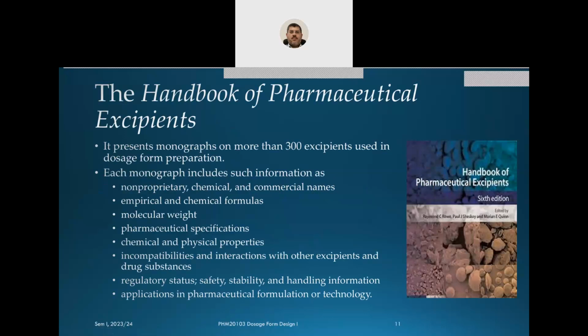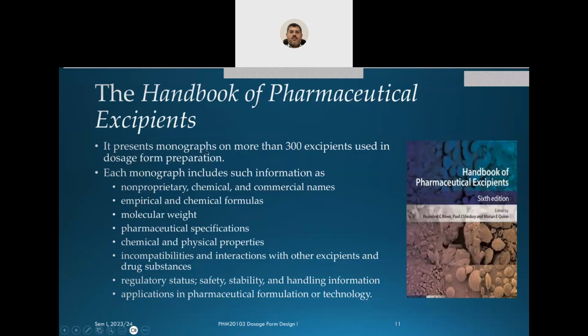Okay, so here I'm not talking about quality control, nor only the regulatory requirements, but at the beginning, as an R&D or drug development specialist, when I want to know more information about an excipient I'm going to use in my formulation, then I should use the Handbook of Pharmaceutical Excipients.